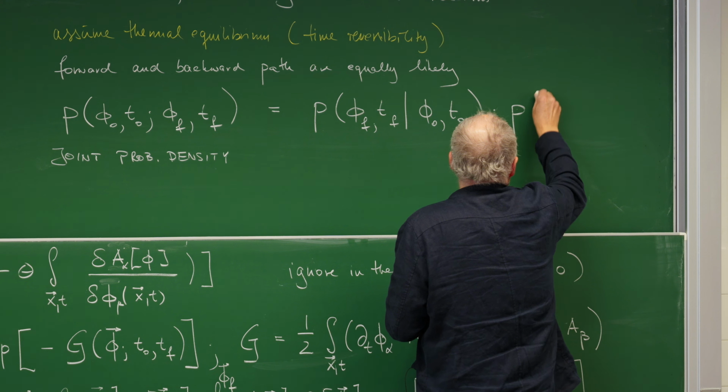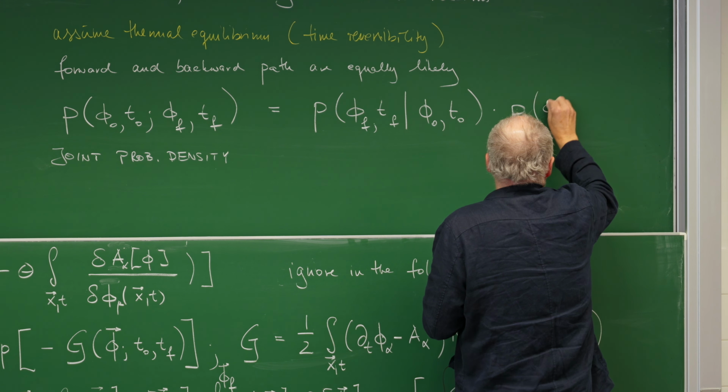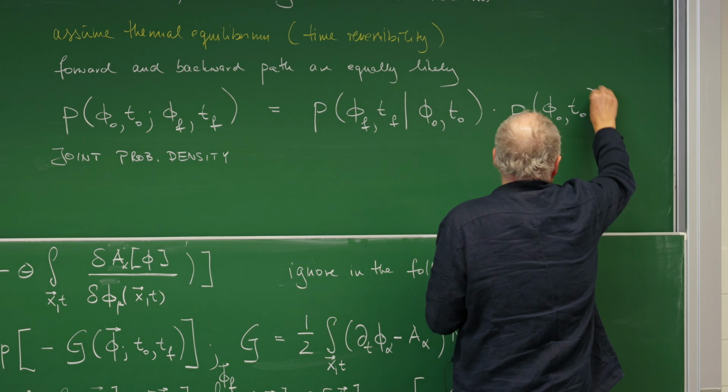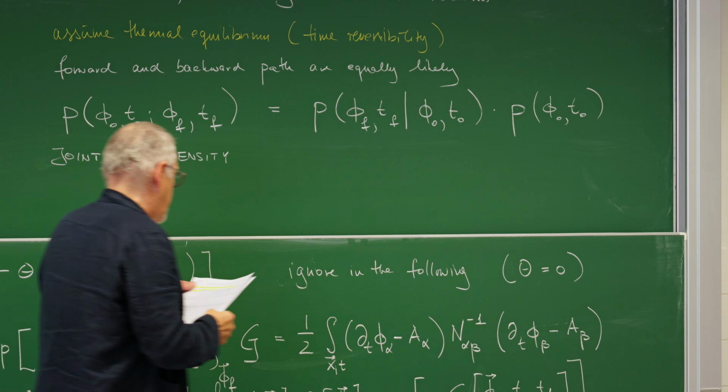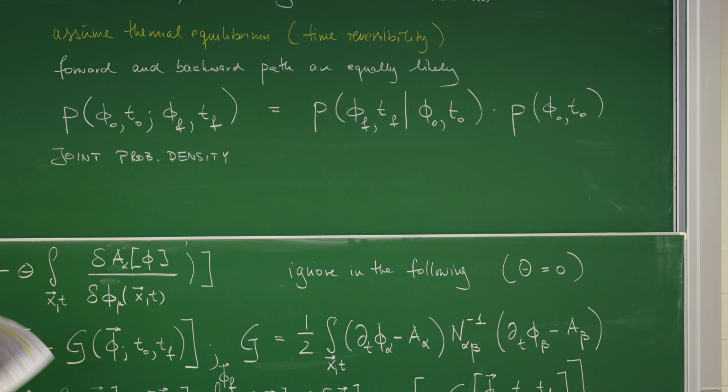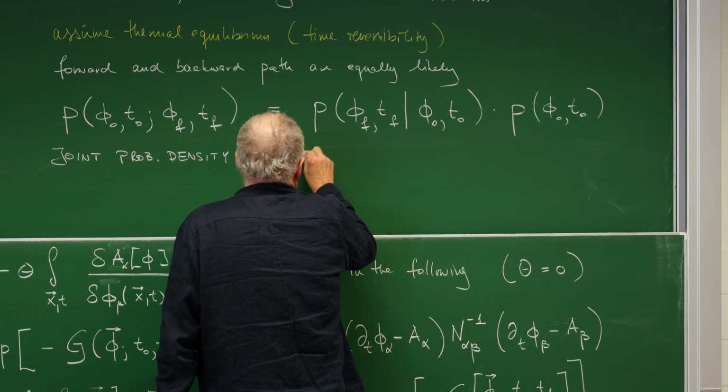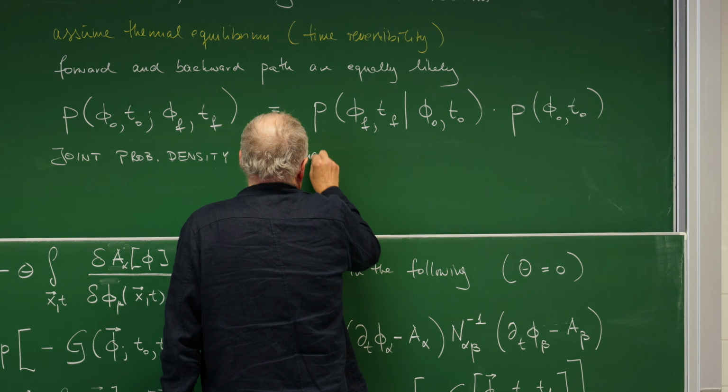And then I need to multiply that by the initial distribution function of phi naught. So that's the conditional probability amplitude, and that's the initial probability density.